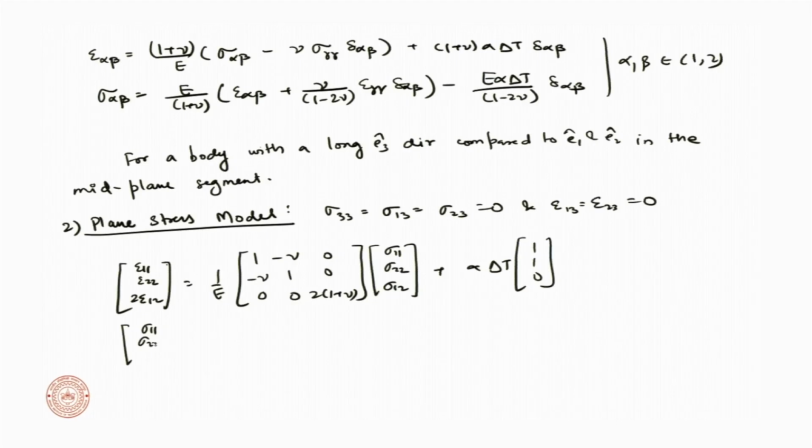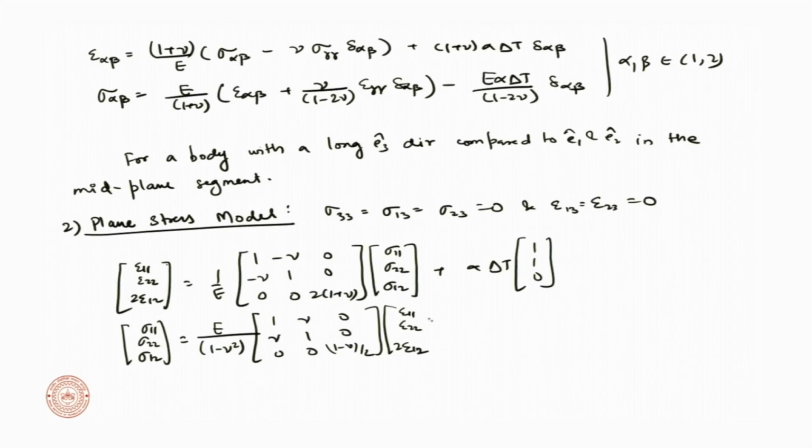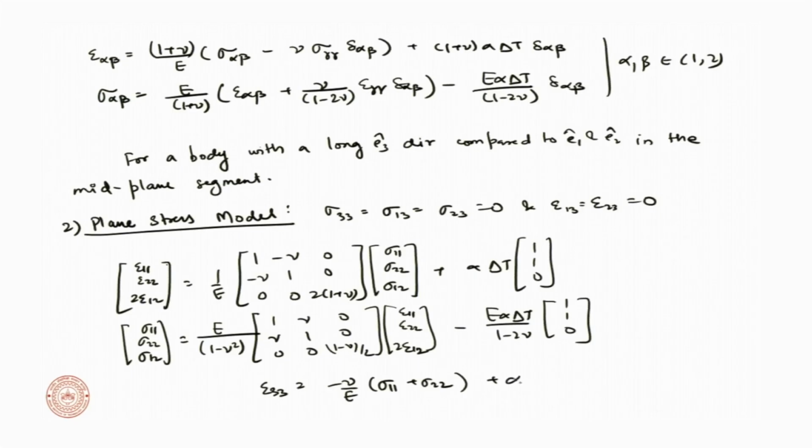Likewise, sigma 1 1, sigma 2 2, sigma 1 2 is equal to E over 1 minus nu square times the matrix 1, nu, 0; nu, 1, 0; 0, 0, 1 minus nu over 2; times epsilon 1 1, epsilon 2 2, 2 epsilon 1 2, minus E alpha delta t over 1 minus 2 nu times 1 1 0. Okay. Now, the strain in the third direction epsilon 3 3 will be equal to minus nu over E (sigma 1 1 plus sigma 2 2) plus alpha delta t.